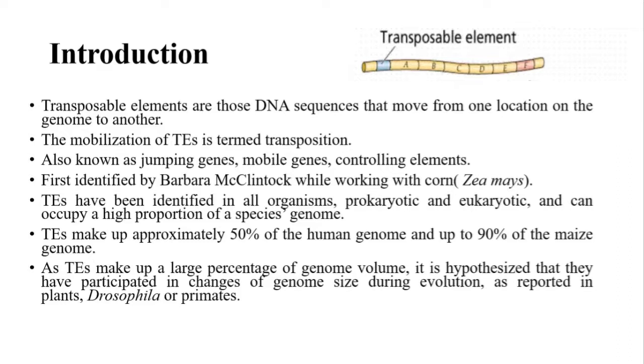For example, 50% of the human genome is made from transposable elements, and likewise, in maize, transposable elements constitute around 90% of the genome. Since these elements are present in very high copy number, it is hypothesized that they might have a role in change in genome size during evolution in plants, Drosophila or primates.